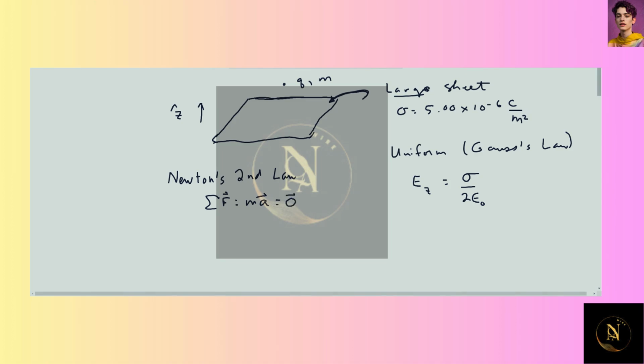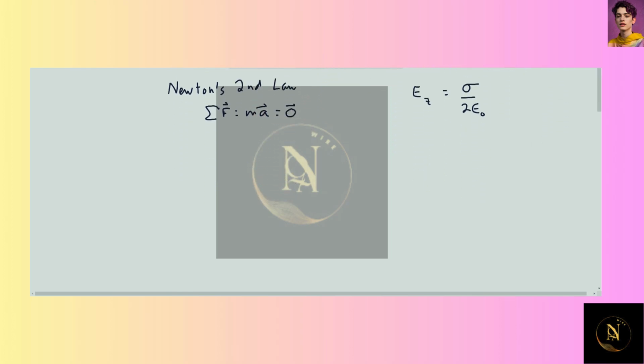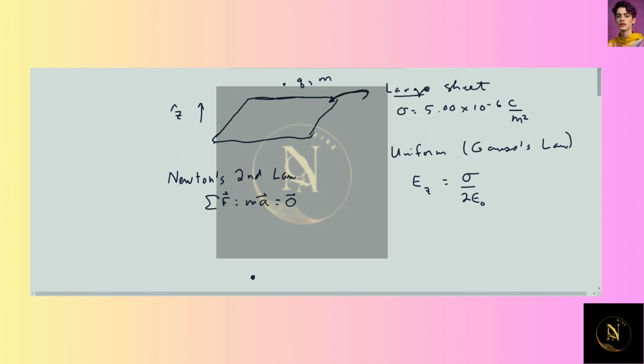Coming up with a free body diagram on that charge, what we are assuming is that it is sitting in a uniform electric field that points up to the positive Z and is the same everywhere. Uniform.